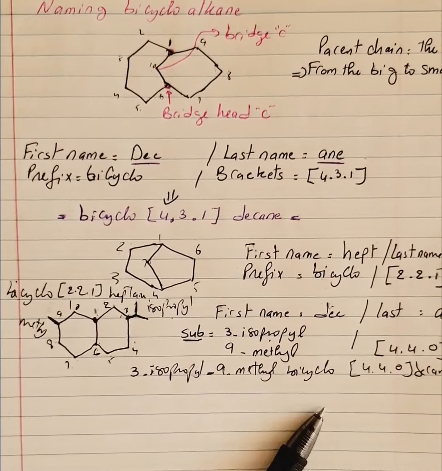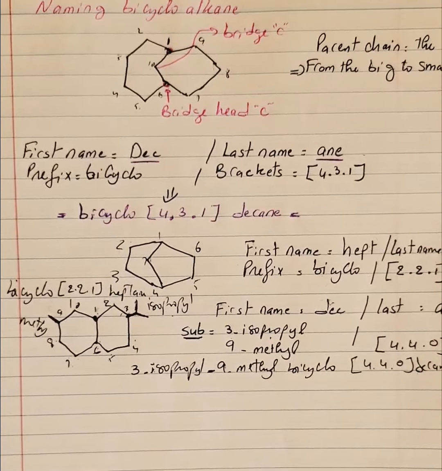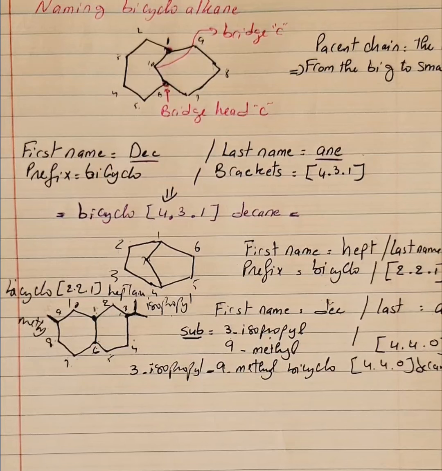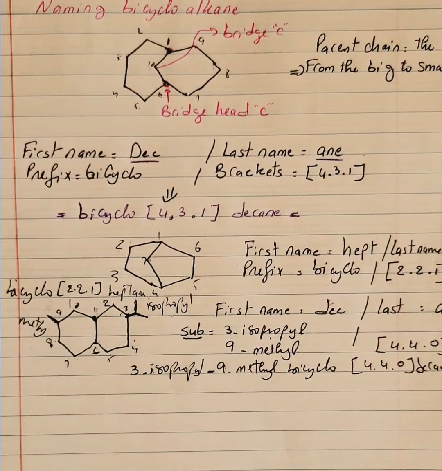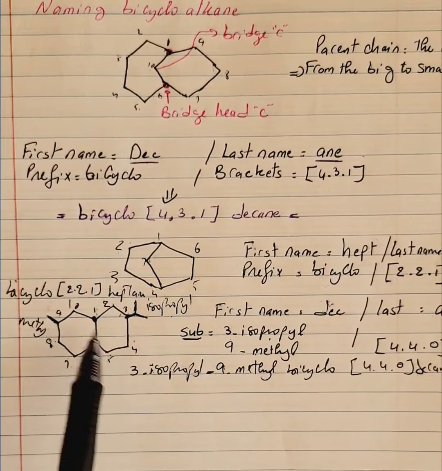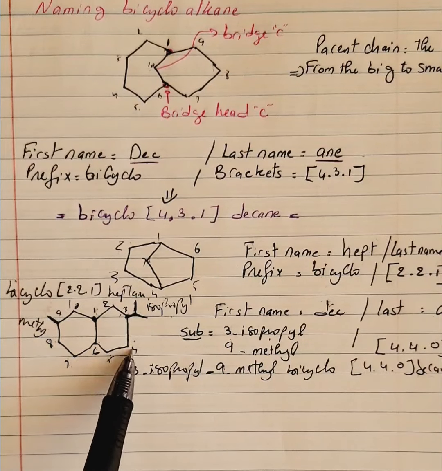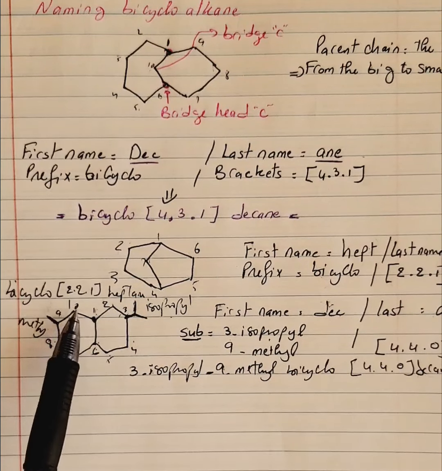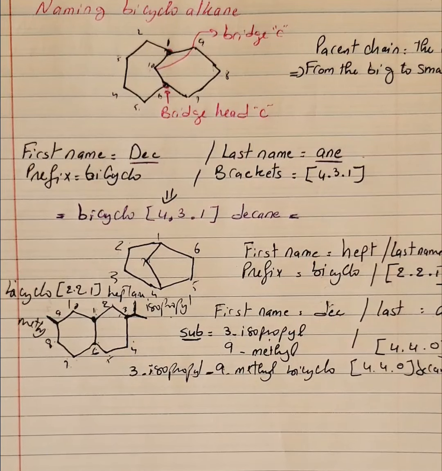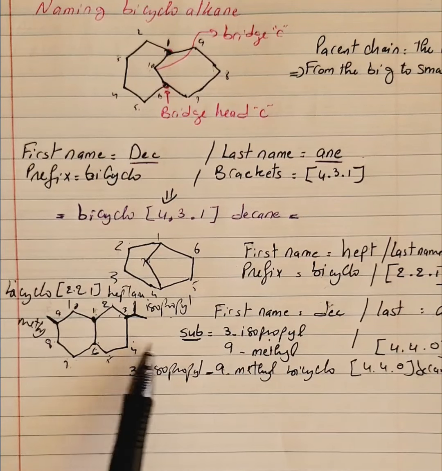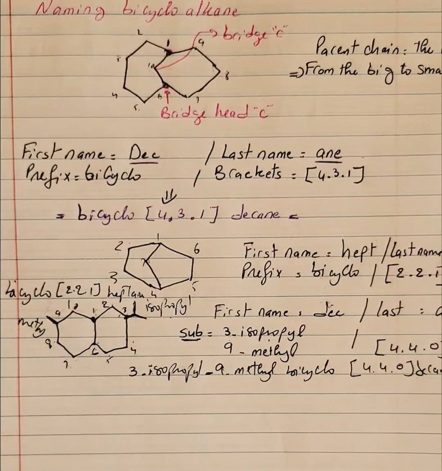Let's move to the last example here, and this molecule has substituents or branches. So in order to name it, we have to count starting from the attachments, going this way, 1, 2, 3, 4, 5, 6, or 1, 2, 3, 4, 5, 6. We can see that the number is equal for both sides.